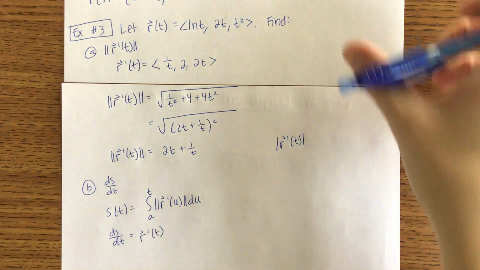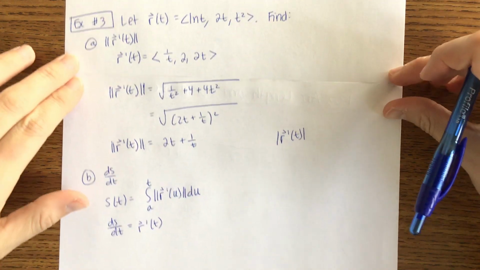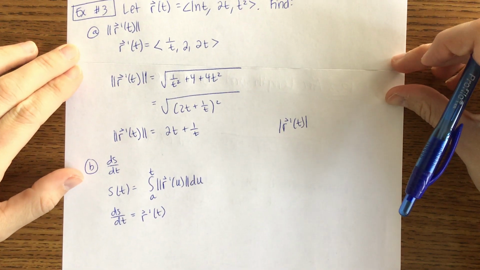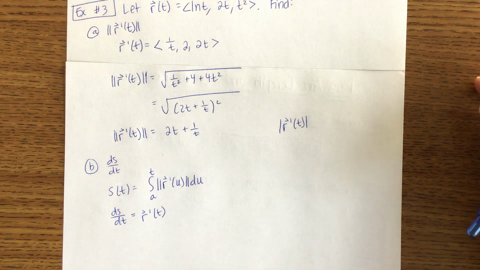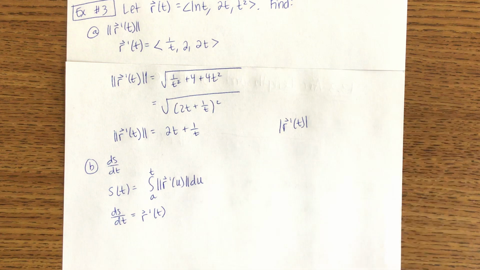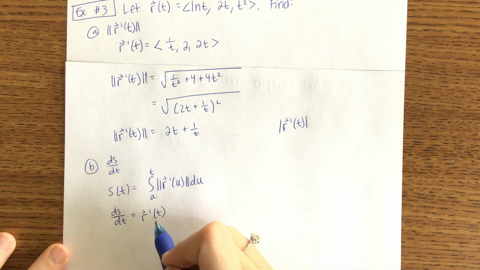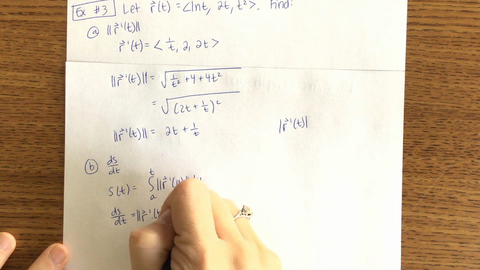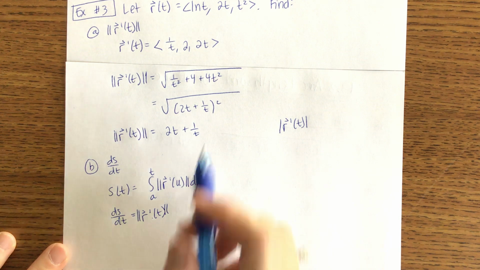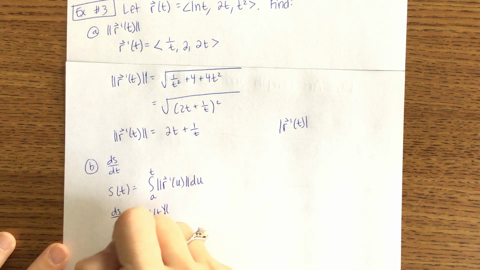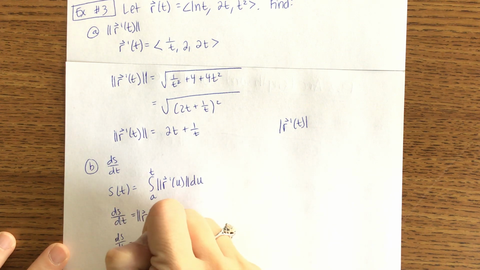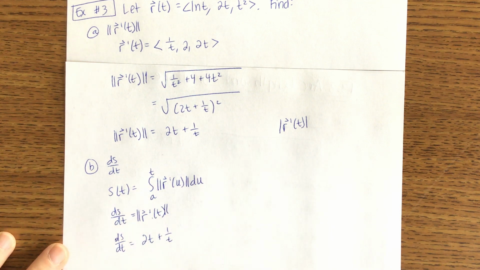What law or theorem is that? You did that last year. It is the fundamental theorem of calculus. So the norm of r prime of t, which is what we found above. So ds dt then is 2t plus 1 over t.